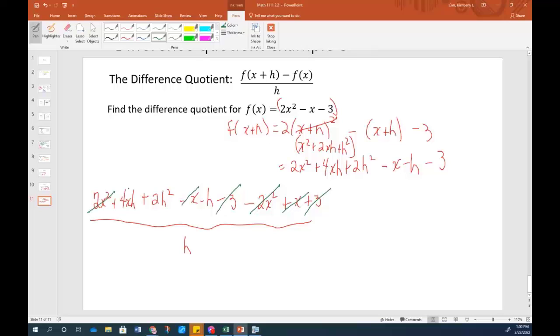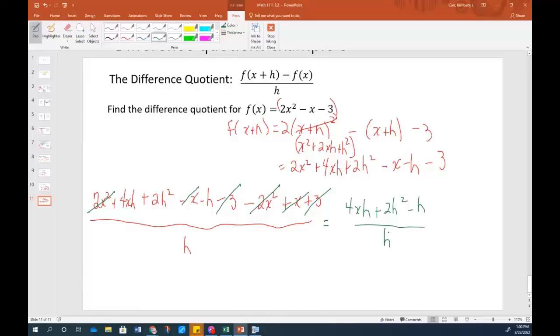So what I'm left with are these 3 terms that have an h in them. So I have a 4xh plus 2h squared minus h, and that is all over h.